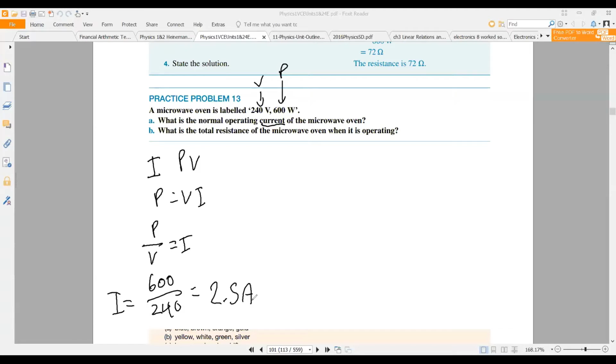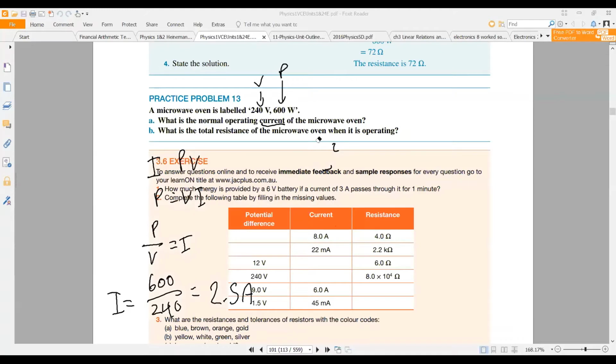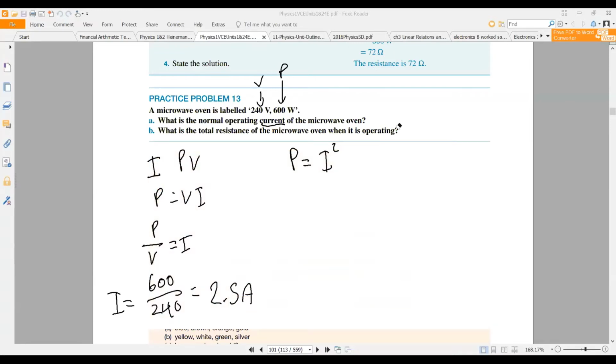Then what we'll do is ask, what is the total resistance of the microwave oven when it is operating? Total resistance, P equals I squared... Whoopsies, what am I doing? Wrong one. Oh, crap. There we go. I'm going to do not that. I'm also not going to erase it because that gets rid of it. I'm going to say, well, I've got V and I've got P. Is there a way that I can calculate R?